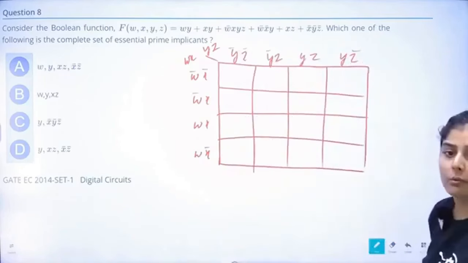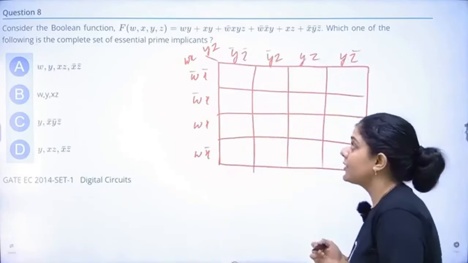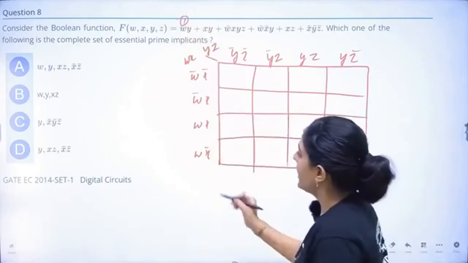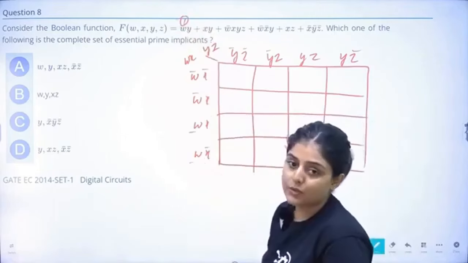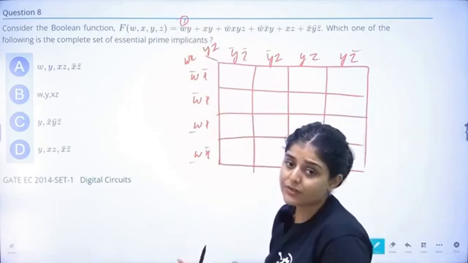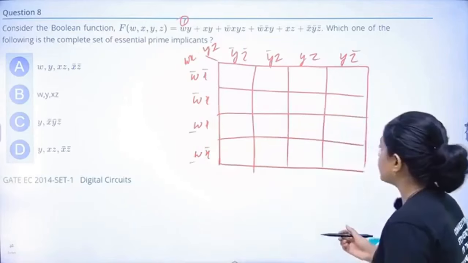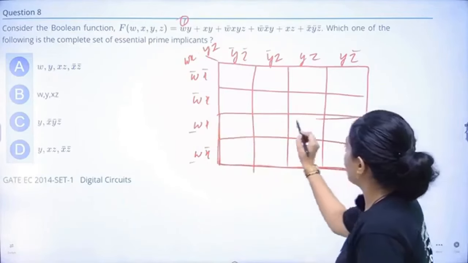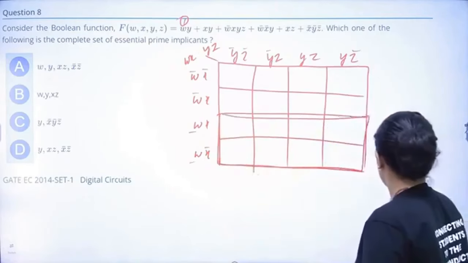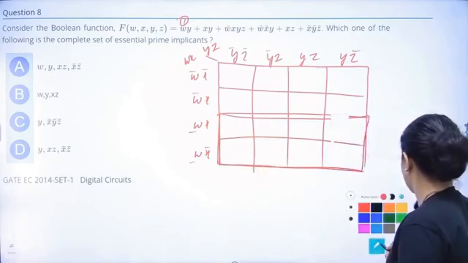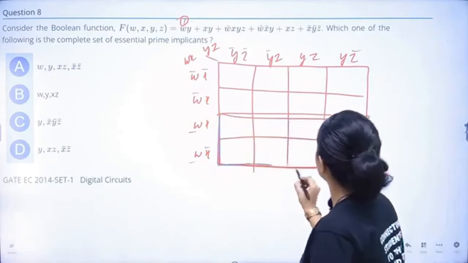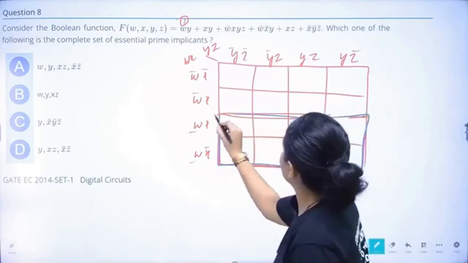First term is WY. Where is W? W is there at 2. W is positive for this whole block. W is 1 for this block.